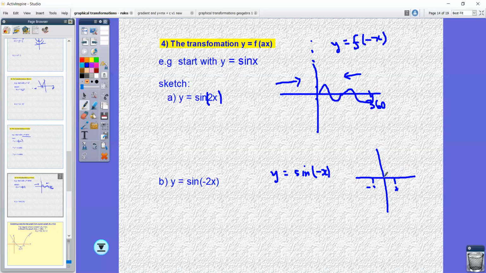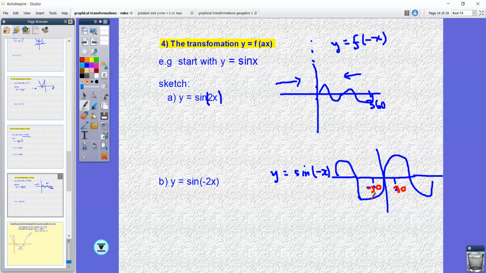Okay, so for sine x, if we just draw a bit of sine x there, for positive and negative, let's use a different colour to explain this. I know you'll probably understand this without any problems at all. So let's say that's minus 30, that's 30. We're putting an x value of 30 in, but we actually end up getting the y coordinate for minus 30 appearing here.